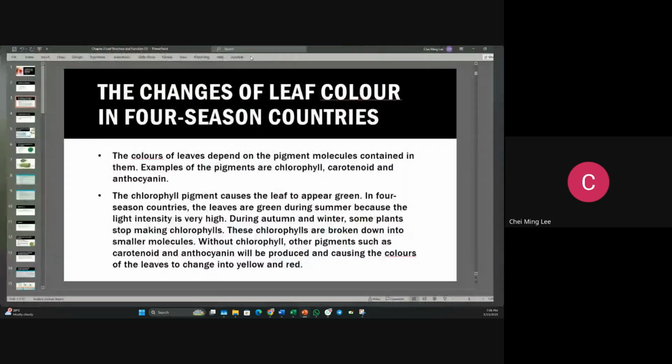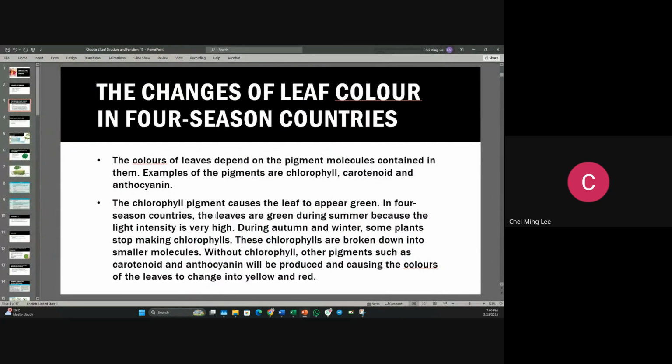Okay, so the change of color is actually related to the pigments, which are chlorophyll, carotenoid, and anthocyanin. Chlorophyll, which we are quite familiar with, is the green one. Your green leaves come from here. In four-season countries, during summer and spring, they are normally green because the light intensity is very high.